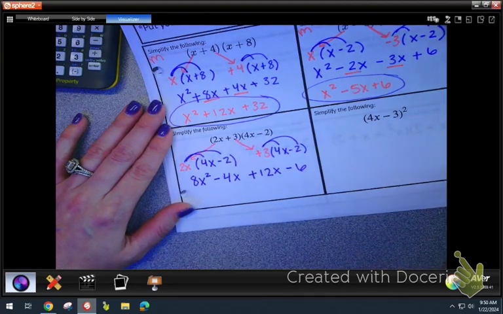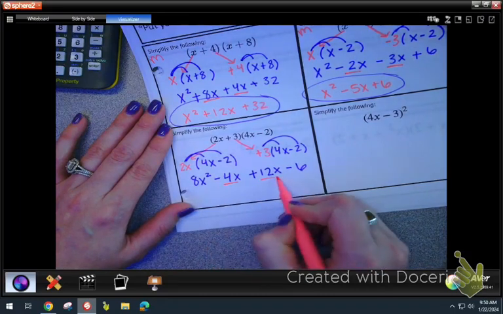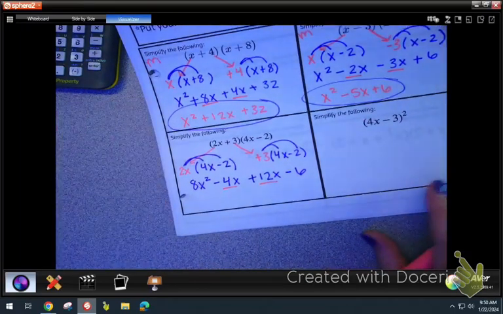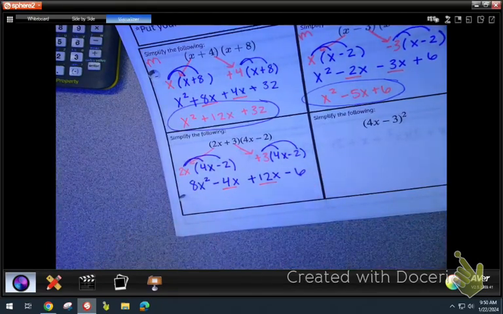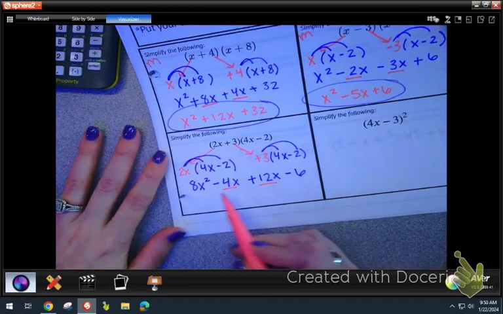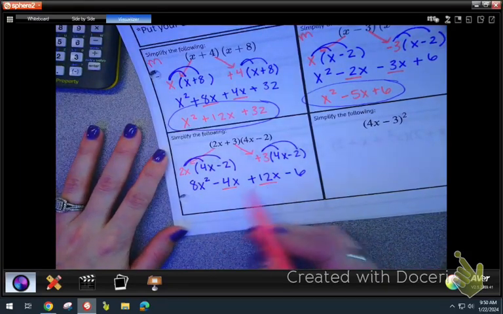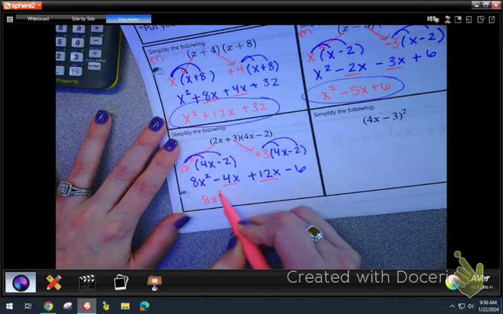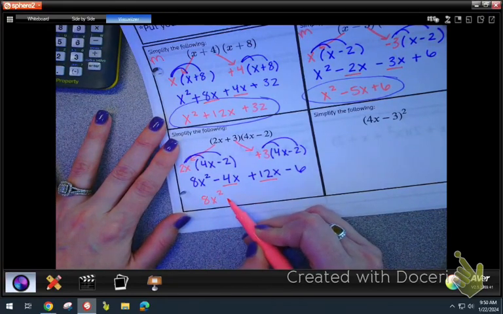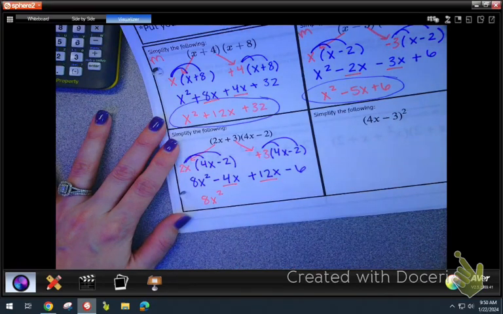Okay? And then in the middle, I'm going to combine again. So how I'm going to grade these when I'm looking through your stuff is I'm always going to be checking these 4 terms. If these 4 terms aren't right, then your combining probably isn't going to be right. Okay? So make sure you're showing that. Jahan, what'd you get for your final answer? What do those combine to be in the middle?